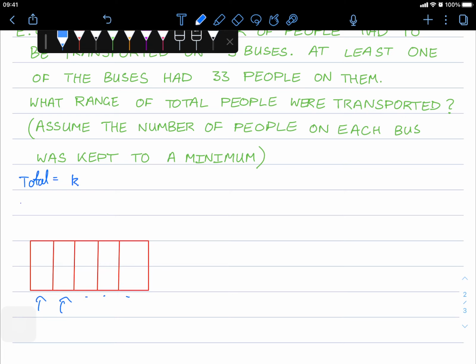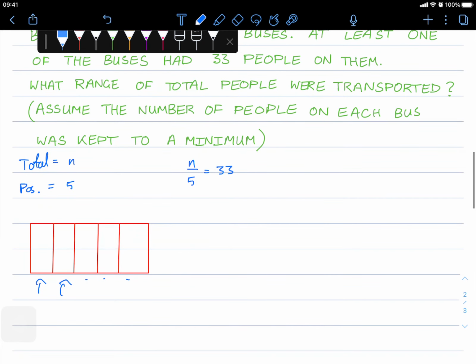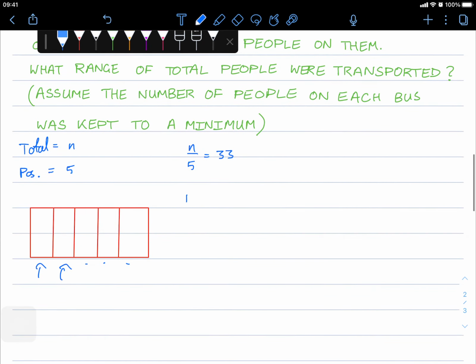Actually, we should make the total be N to be consistent with the pigeonhole principle, and the number of positions, K, is equal to 5. We have 5 pigeonholes. So we know that N over 5 is giving us 33. Now, N, if we just do some simple math, is 165.